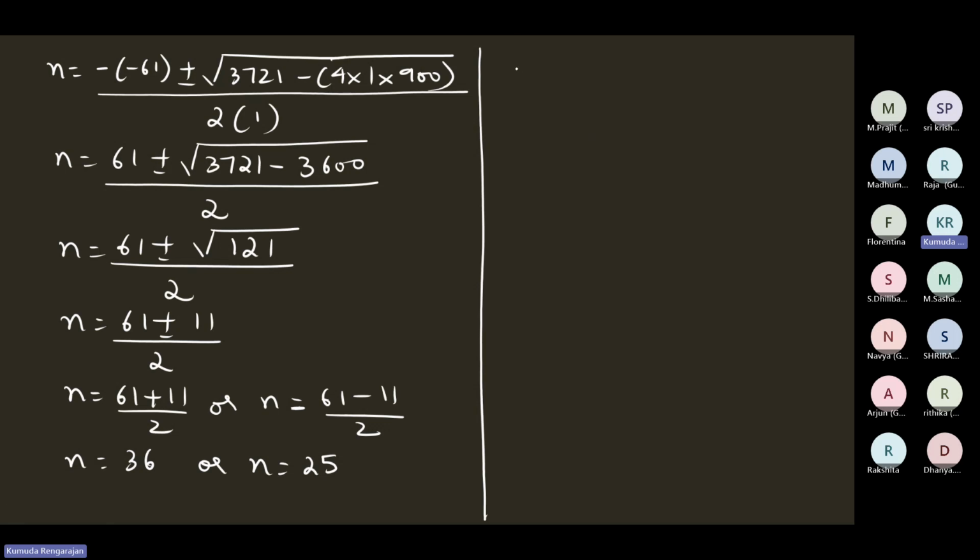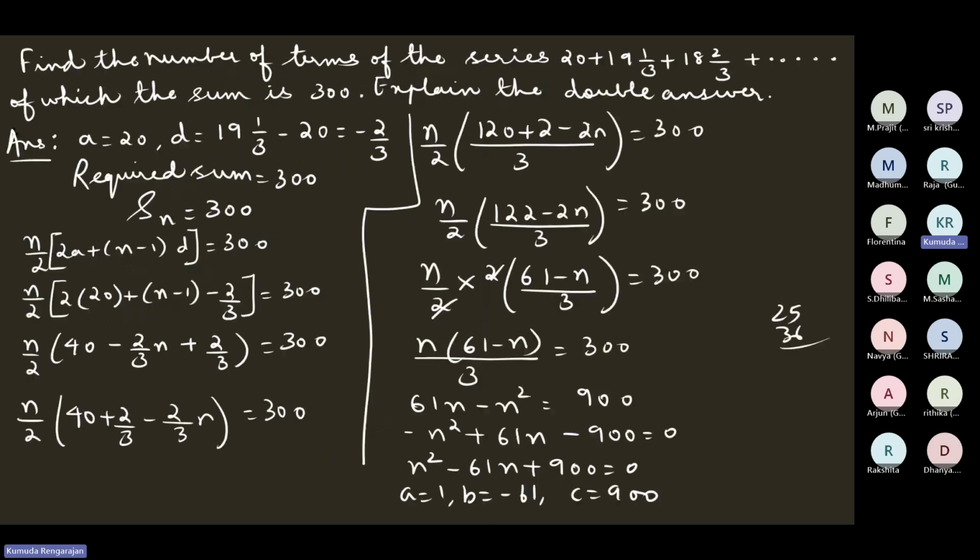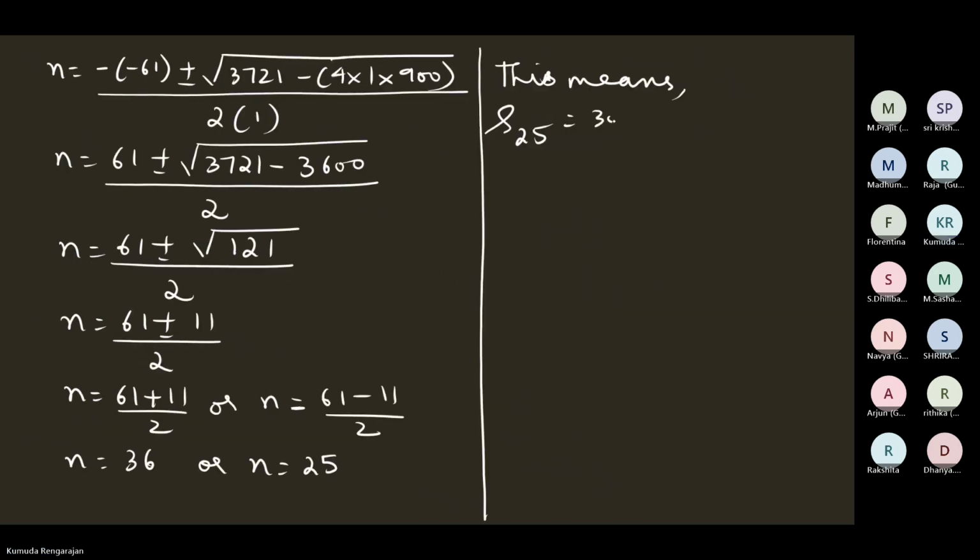So this means S25 is equal to 300 and S36 is also 300. S25 is 300.